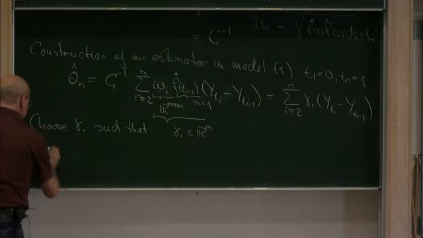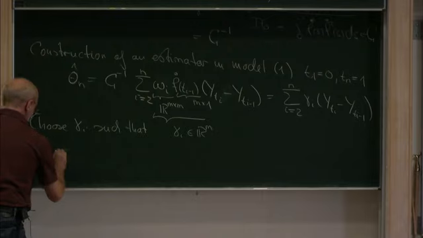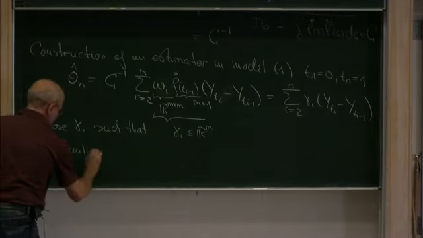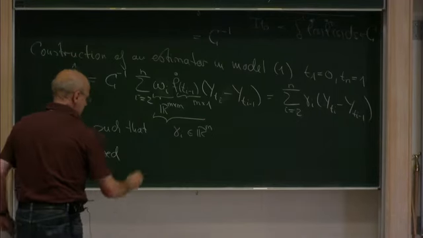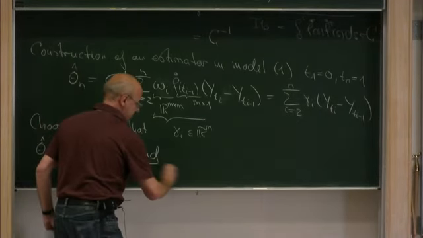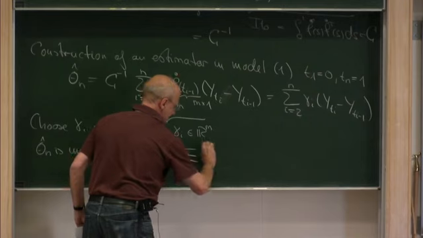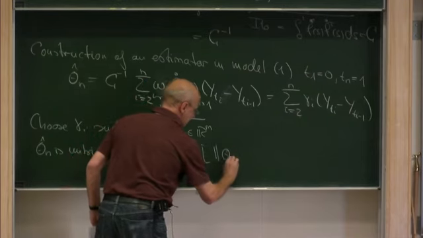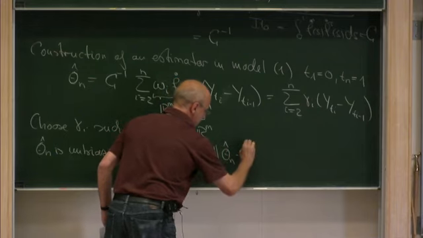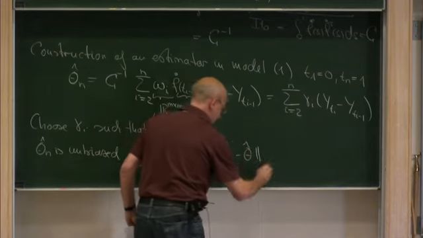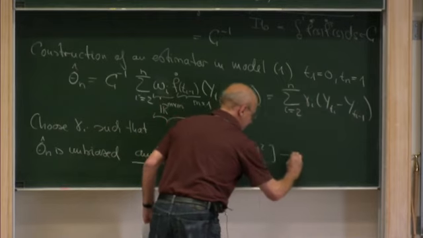such that, one thing is that theta n hat is unbiased, and such that the expectation of theta n hat minus theta hat, this is the unknown thing which we don't know, but in mathematics we can calculate, is minimal.